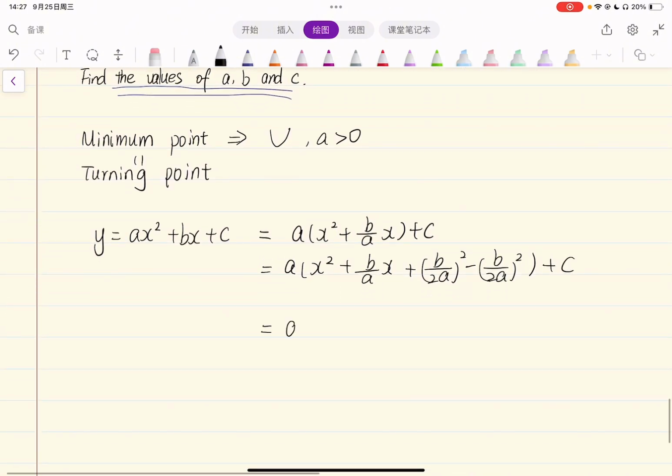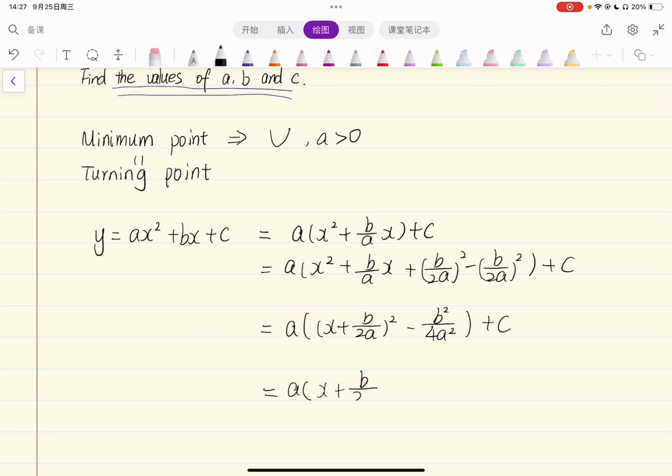What we get is a times the bracket x plus b over 2a squared minus b squared over 4a squared, bracket, plus c, equals a times x plus b over 2a squared plus c minus b squared over 4a.